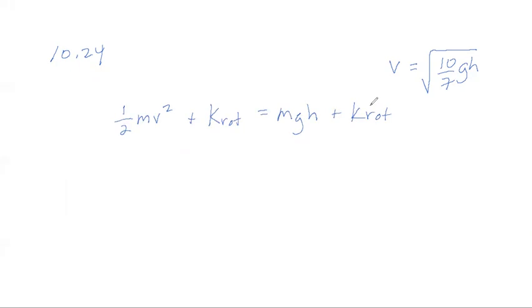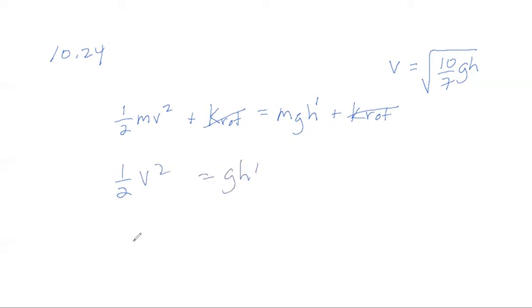It's just going to keep on spinning as it goes up. So they call that h prime. These guys go. So 1/2 v squared equals gh prime.